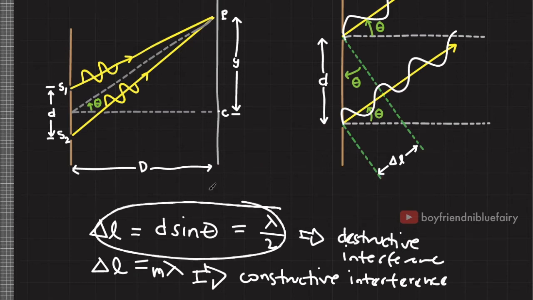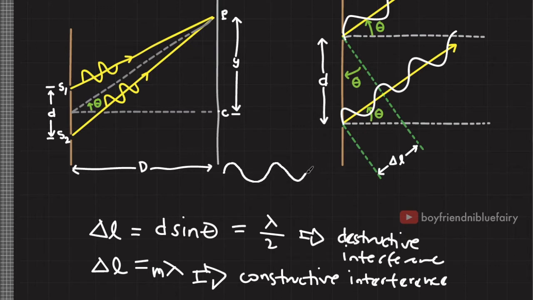Now, going back to this condition of destructive interference, if we represent wave 1 with this pattern and wave 2 is delayed or advances by lambda over 2, then obviously it will result in a destructive interference. But what if wave 2 advances by 3 lambda over 2?